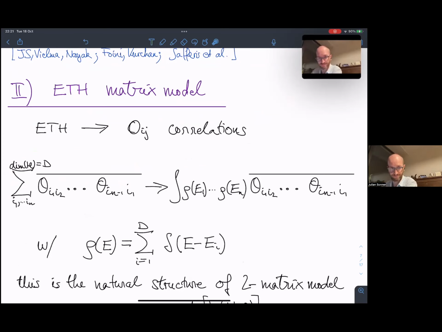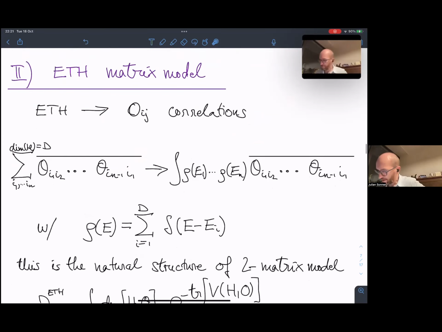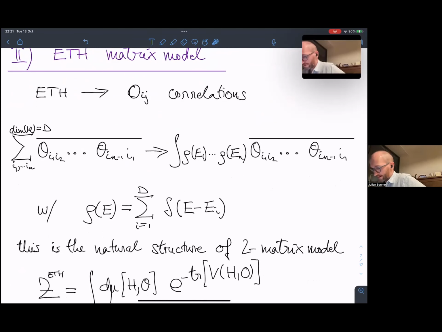But what we're actually interested in are correlation functions. And you get to these correlation functions by summing over the Hilbert space. So for example, you might calculate some thermal trace, where you sum with e to the minus beta H, but you also have all these intermediate sums over the Hilbert space.